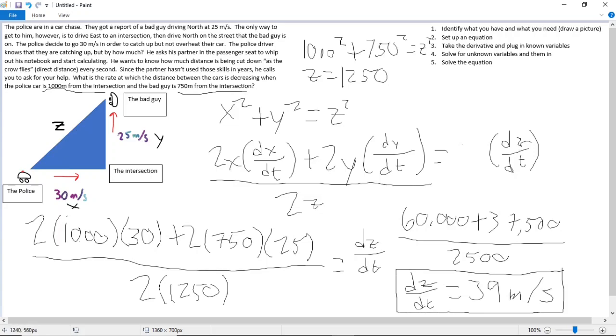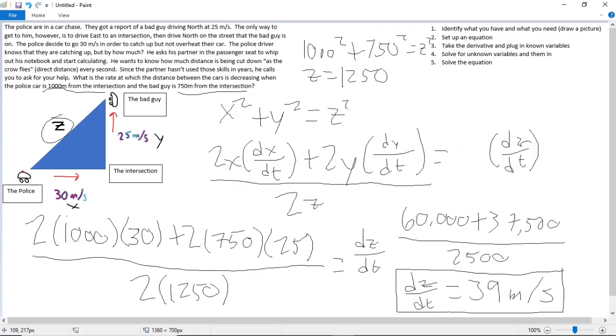So the rate at which the distance between the cars is decreasing when the police car is 1,000 meters from the intersection is 39 meters per second. That is how much z here is changing. I hope this helps.